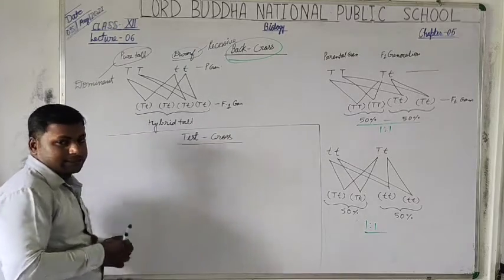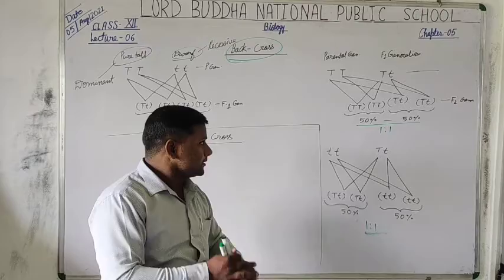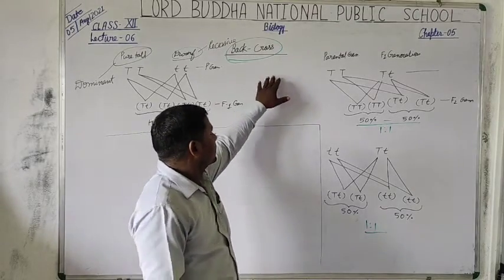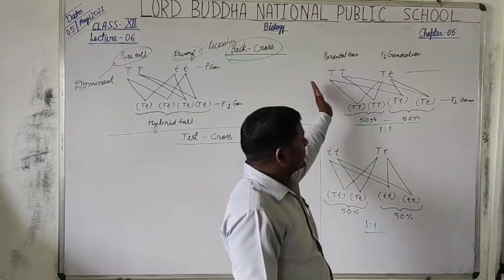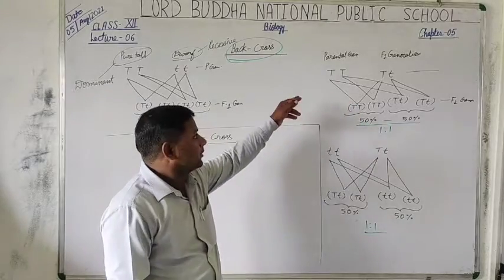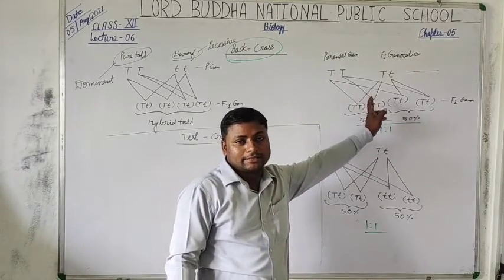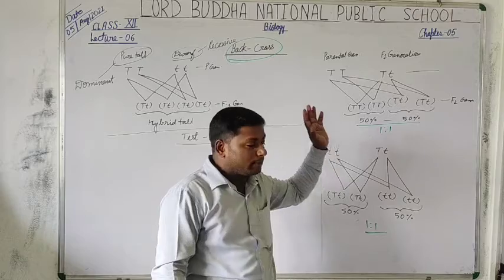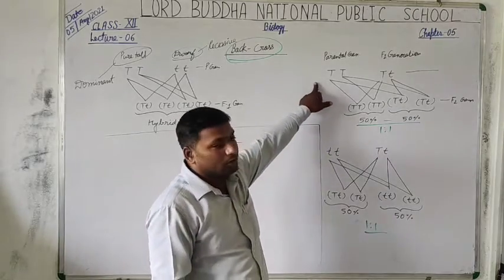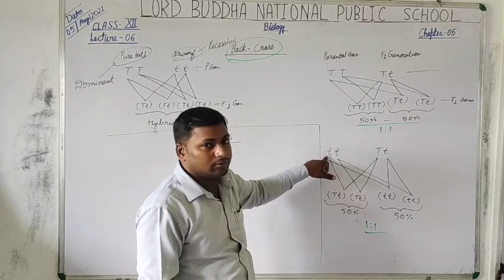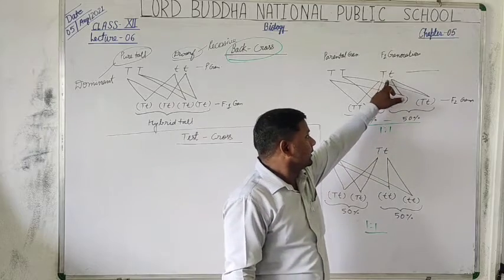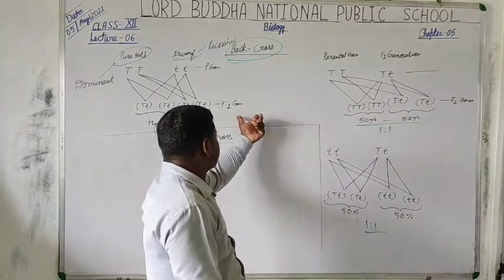Test cross, what is test cross? As we saw in back cross, there is a requirement of an individual from the parental generation, that is, from a pure breed, either dominant or recessive, and another individual from the F1 generation.